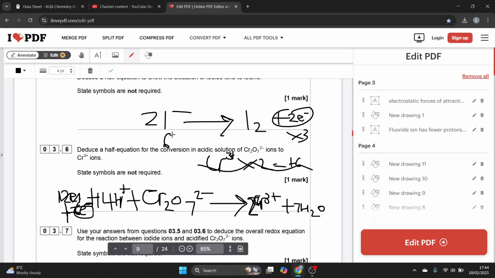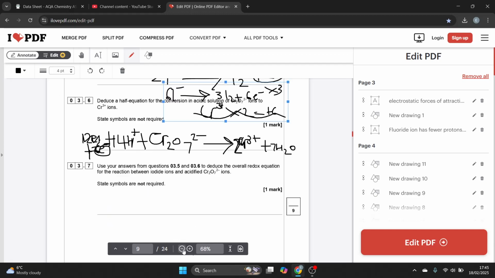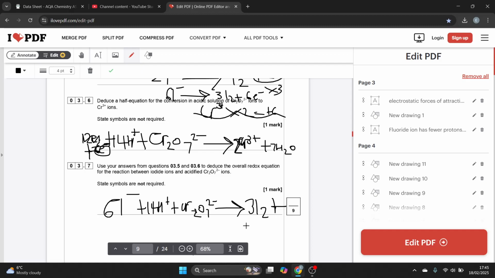So I get 6I minus, I wrote the whole equation, 3I2 plus 6e minus, negatively charged electrons cancel out, and then I'm left with 6I minus plus 14H plus Cr2O7 2 minus arrow 3I2 plus 2Cr3 plus plus 7H2O.